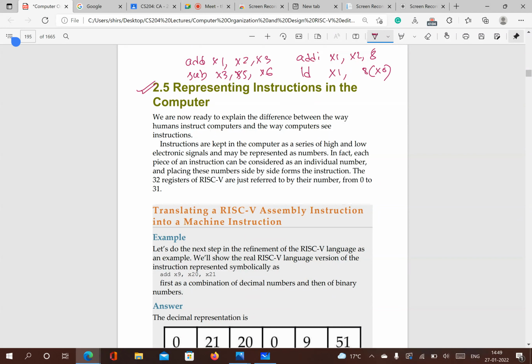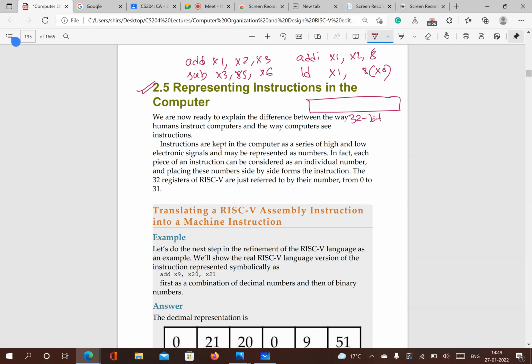So for these instructions that I write, in RISC-V we assume that every instruction takes 32 bits. So you have to assume that you have a 32-bit black box, and within the box you have to fit all the instructions, whether it is an add instruction, sub instruction, load instruction, or any instruction that was available in that table that I'm showing every time, right?